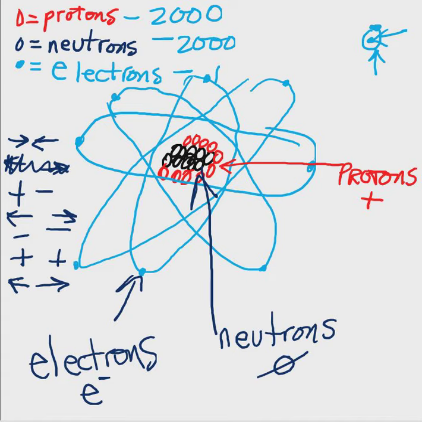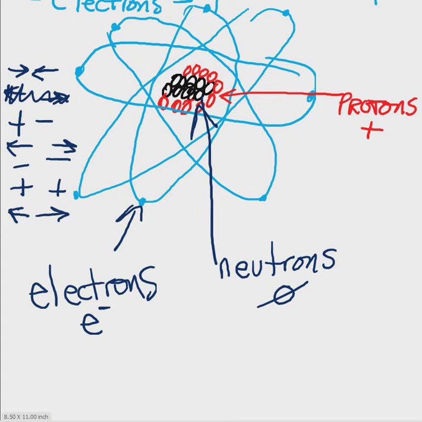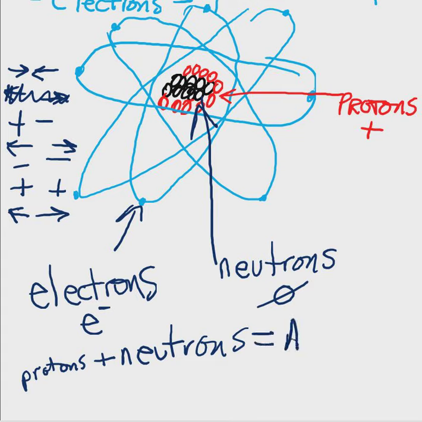So we have protons and neutrons and electrons, and they're all trying to come together. I'm going to move this down just a bit. The other thing about protons plus neutrons is that they give us our atomic mass.